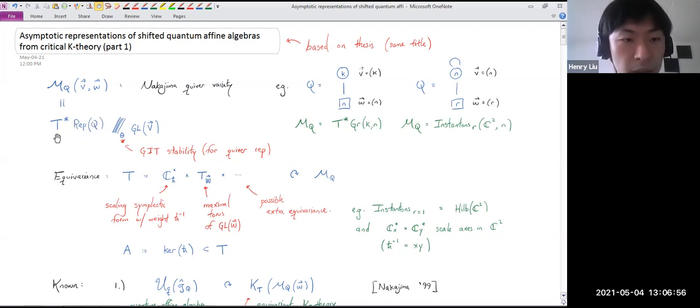And in fact, we take T star of the space of all such representations. Okay. And then we do this procedure called the algebraic symplectic reduction with respect to GL of these round nodes.